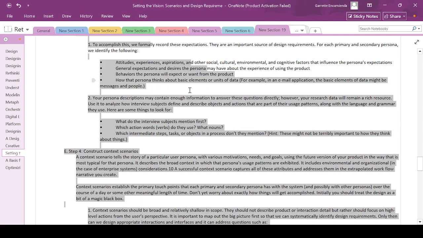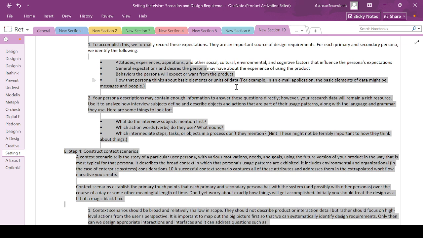How that persona thinks about basic elements or units of data. For example, in an email application, the basic elements of data might be messages and people. Your persona descriptions may contain enough information to answer these questions directly. So the persona could be used to answer those questions.